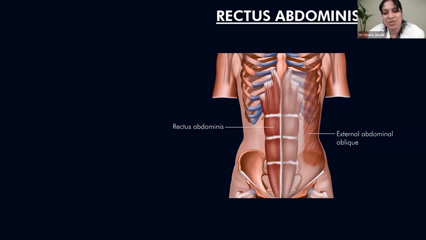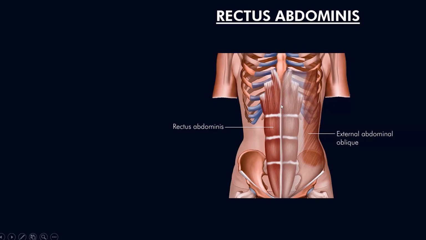Yes. So you can see here, both the sides rectus abdominis are joined at linea alba. This white line in the center is called linea alba. So the minute the two muscles get separated, we have a gap in the rectus sheath, and that is called divarication of recti.